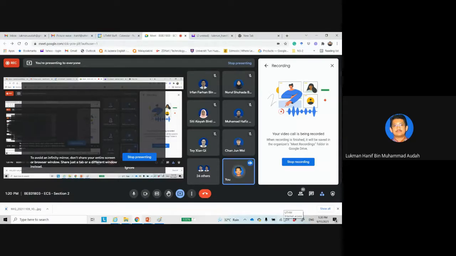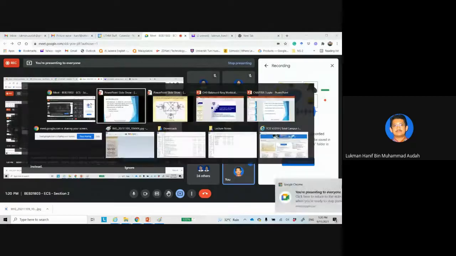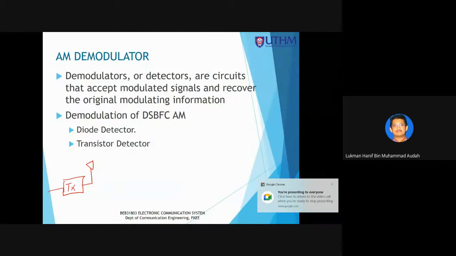Okay, so I don't know why my camera is not switched on. Sorry, bukan saya switch off. Ini kamera tiba-tiba dia tak ada, so tak apalah. Saya dah tekan pun dia tak keluar. Okay, never mind. Saya sambunglah tadi.